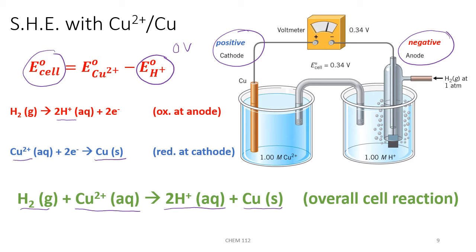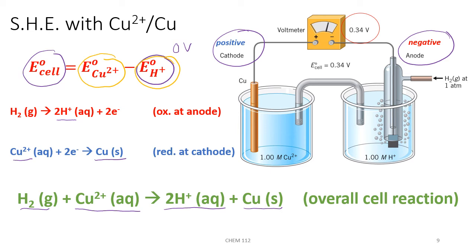The formula to calculate the standard cell potential, we said, is we take the standard reduction potential of our half cell that's being reduced, which in this case is the copper, and subtract off the standard reduction potential of our half cell that's being oxidized, the standard hydrogen electrode. When we measure this setup of two half cells connected with a voltmeter, what we end up reading is 0.34 volts. The voltages that you see are going to be fairly small.